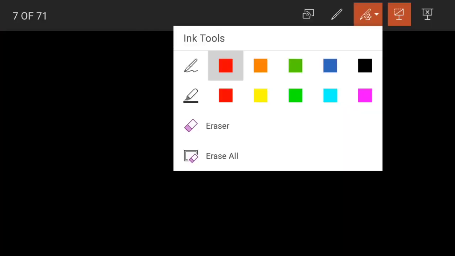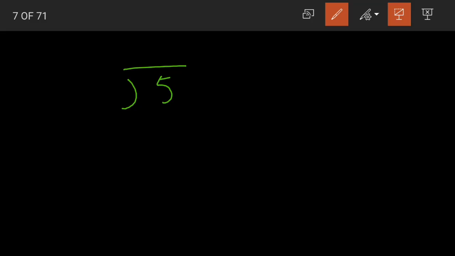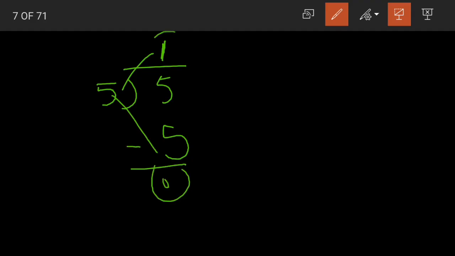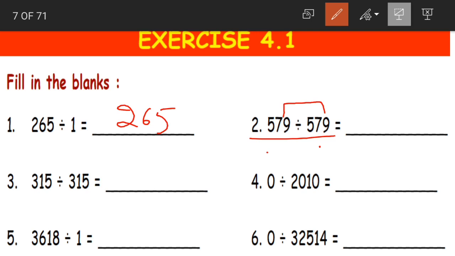If you want, we can take a smaller example. 5 divided by 5. We know that 5 ones are 5. So what is our answer? 1 is our answer. So when we divide any number by itself, what will be our answer, children? 1. Be it a 3-digit number or a 4-digit number or a 5-digit number, when we divide the same number by itself, the answer will be 1 itself.